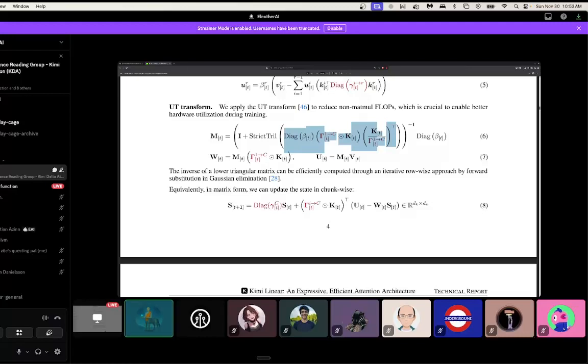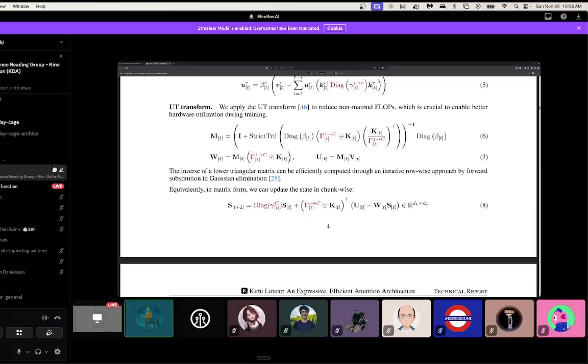It's like you just take everything below the diagonal. And so what we have here is just a lower triangular matrix for the whole thing.